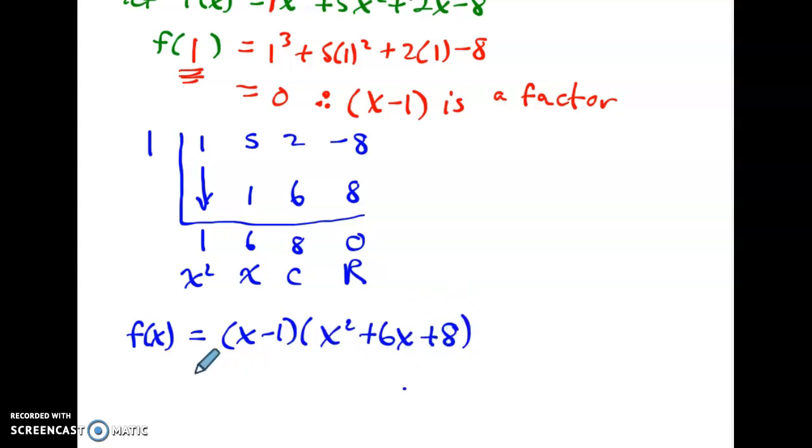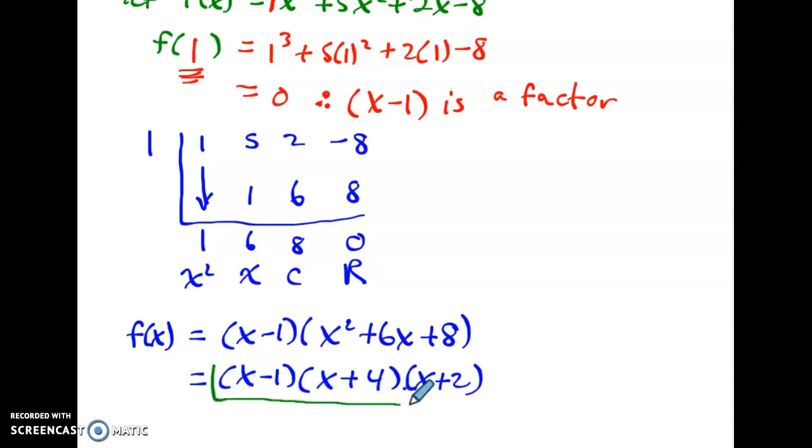And remember, we already know how to factor quadratics. So two numbers that multiply to 8 and add to 6, 4 and 2. I can factor this quadratic into x plus 4 and x plus 2. So there is my fully factored cubic. And we're done.